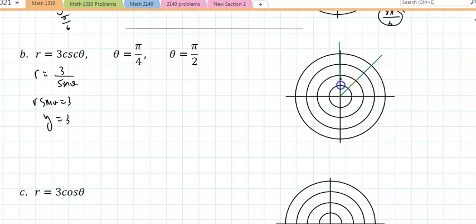That's r equal 3 sine theta... if I draw y equal 3, which is the graph of this, there. I'm looking for this area.